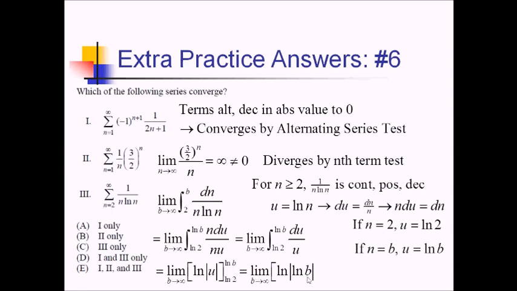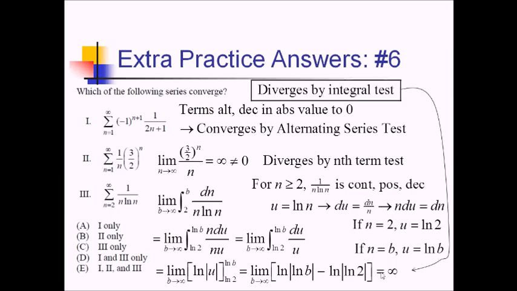And then we've got, let's see, minus ln of 2. Now as b approaches infinity, ln of b goes to infinity, ln of infinity goes to infinity, so this whole thing goes to infinity, which means we're diverging by the integral test, which means that, yeah, option 3 is no good. So then it's just option 1, choice A.